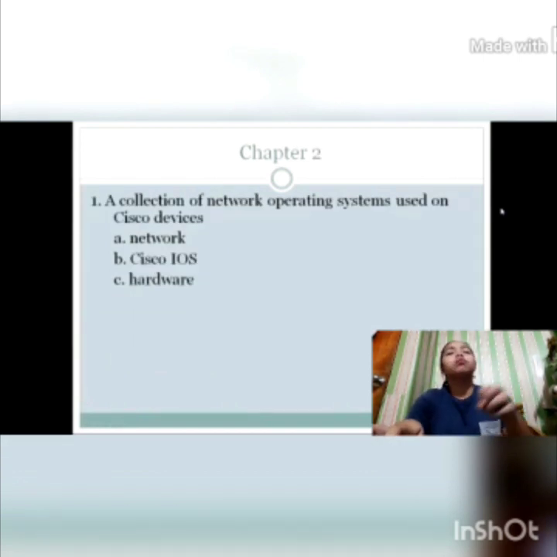Next, chapter 2, number 1, a collection of network operating systems used on Cisco devices. I think network, Cisco IOS, hardware.